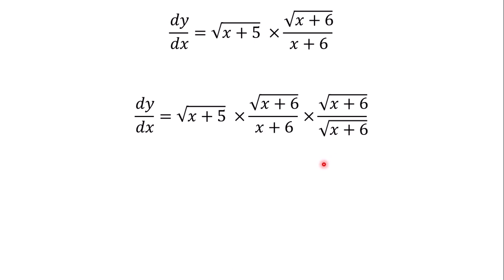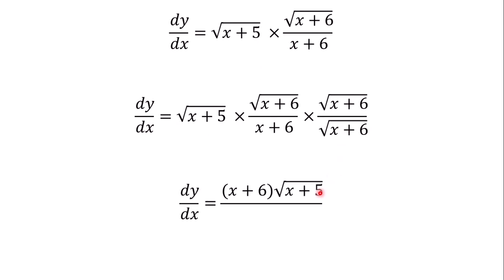Now remember that x plus 6 will definitely be cancelled out with this one, and we will be getting this one over this one. As I said, when you square this, the answer will cancel out with this one, so that is what is reflecting here.